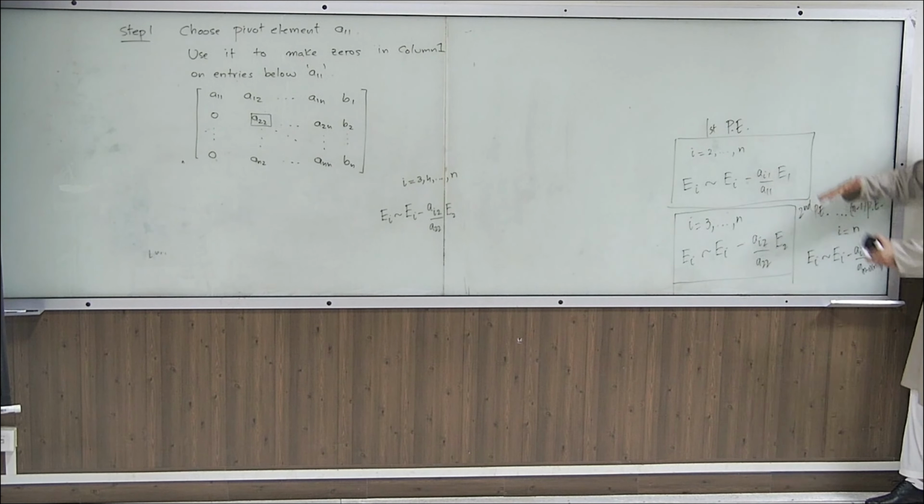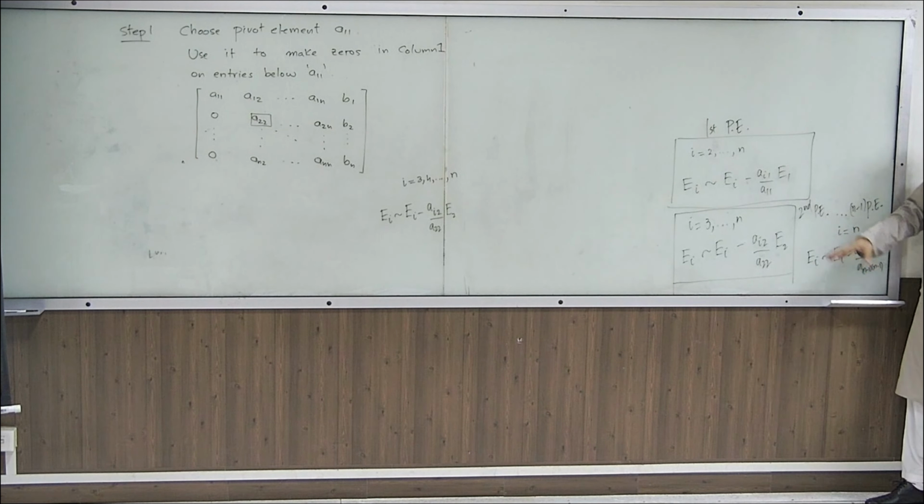Okay, now let's write all this into one operation. e_i is e_i minus, so I'm going to generalize the pattern 1, 2 till n minus 1. The pattern has already been generalized.